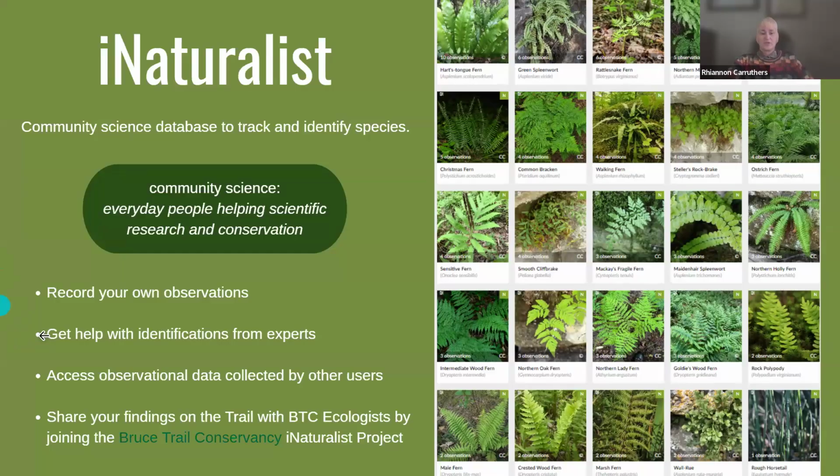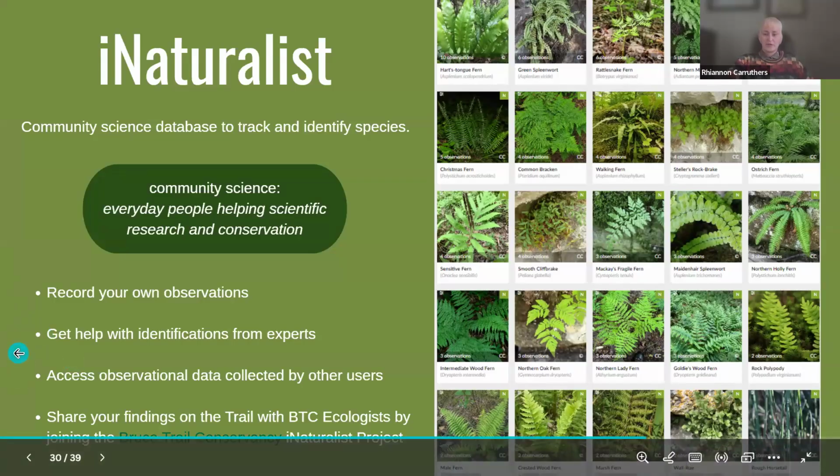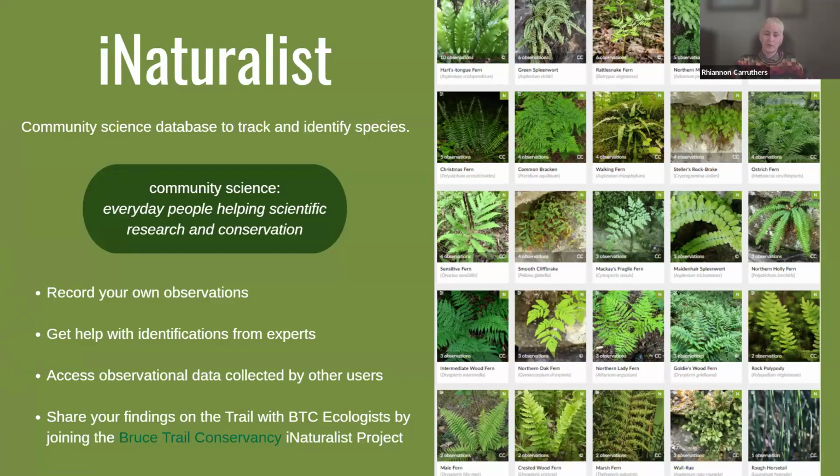You can access observational data collected by other users. I've used this more when I was looking for my orchid badge, to look at specific sightings for different orchids along the trail. You can use it for ferns too. If you want to know where people have seen maidenhair spleenwort, you can look it up using iNaturalist.